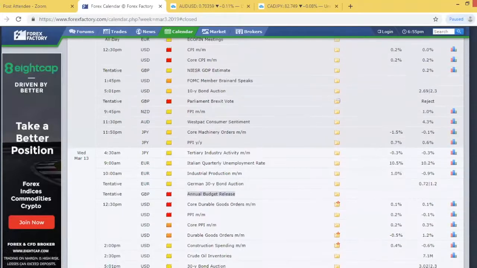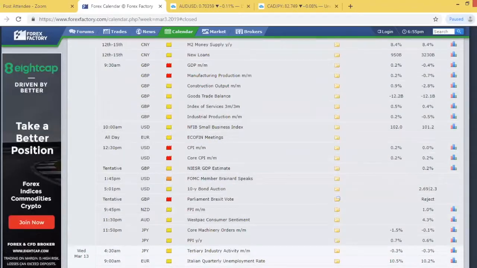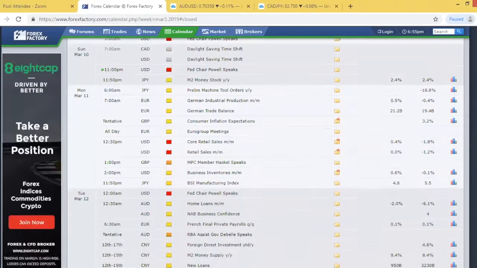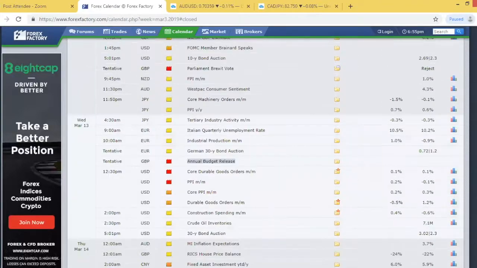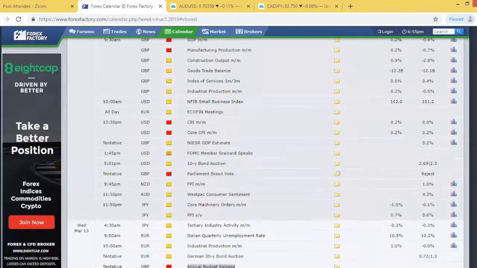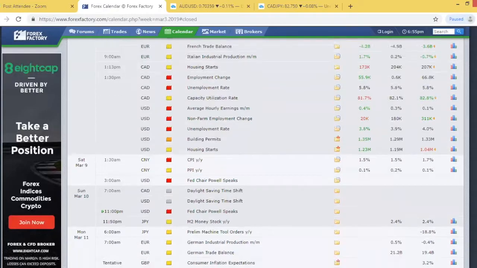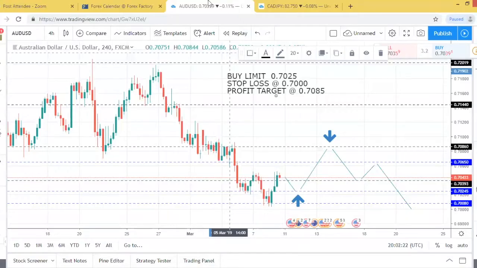We do have GDP figures, the annual budget. Okay, yeah, it is GDP figures and the budget for the pound going into next week. So I think it's going to be a little bit too volatile for the pound. But elsewhere, I think the Aussie US dollar, we have a fantastic counter trend opportunity, and ultimately I want to take advantage of that and get us some nice profits for the week ahead.